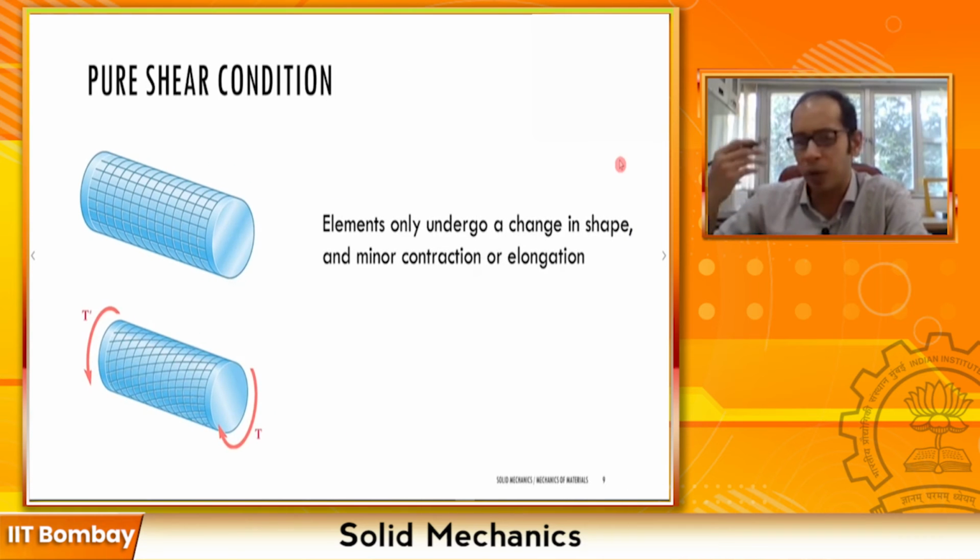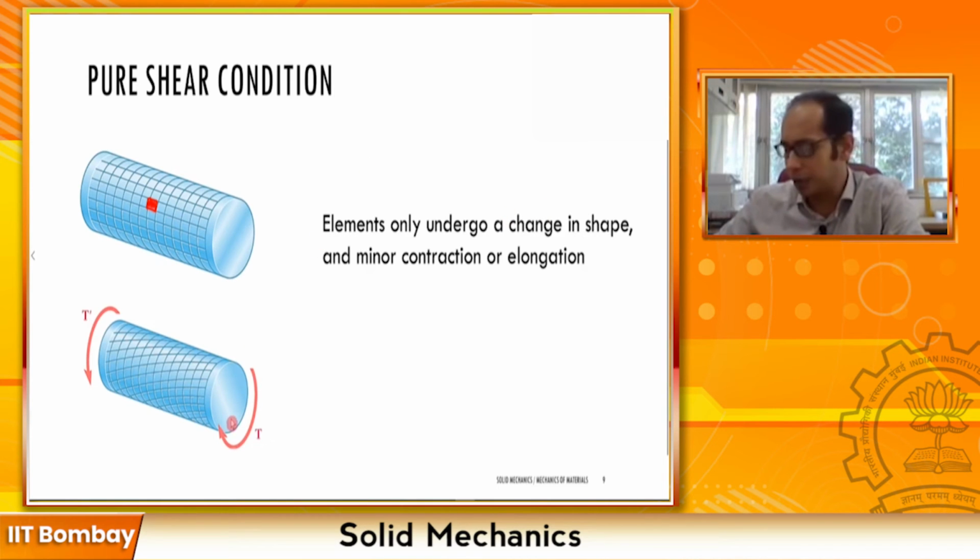So if I take a particular element, instead of taking points, on the surface of this circular shaft over here, let me draw a particular element. What has happened to this element after I've applied this torque? This element has simply changed its shape.